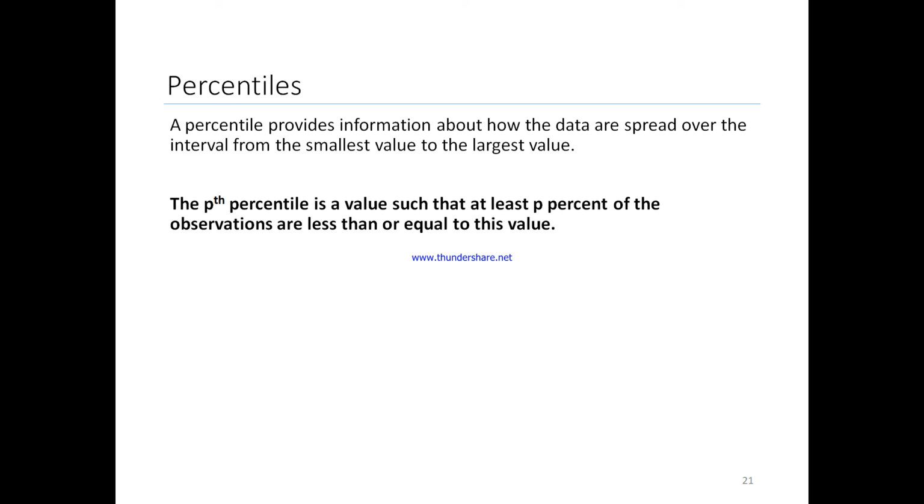For example, if you say the 20th percentile is equal to 15, that means from the whole data set, 20% of the values are less than or equal to 15, right?